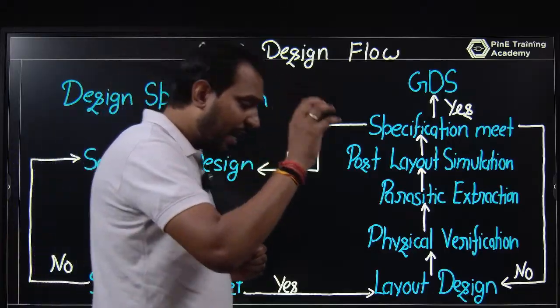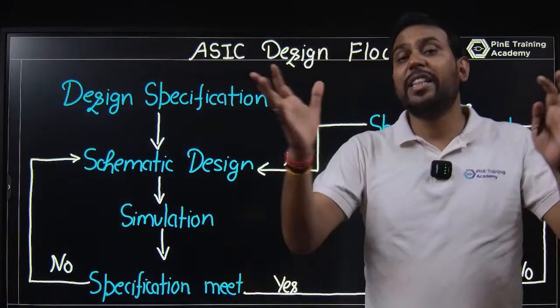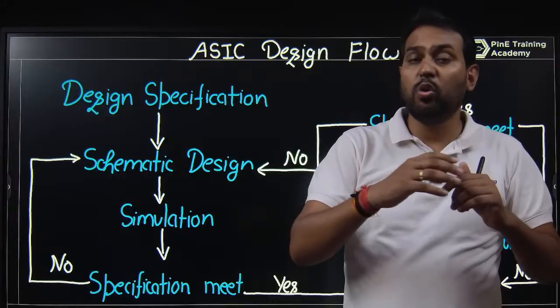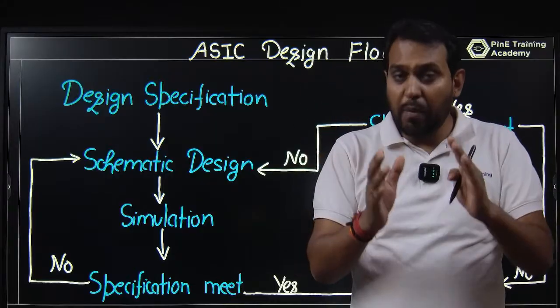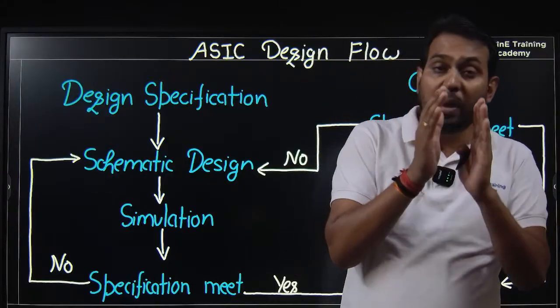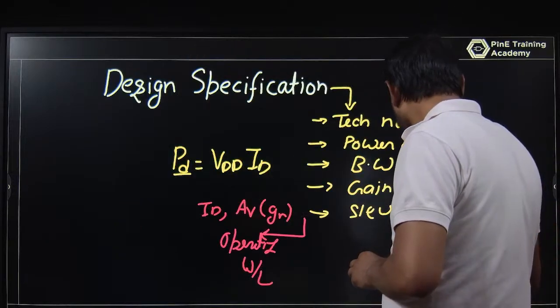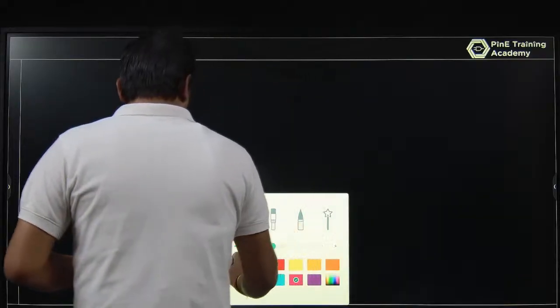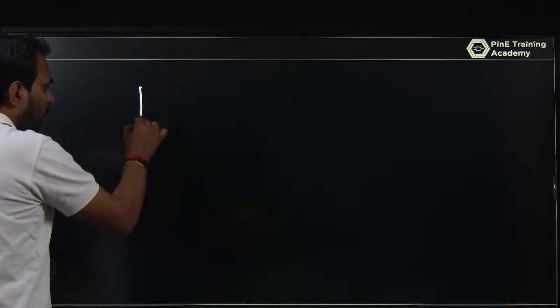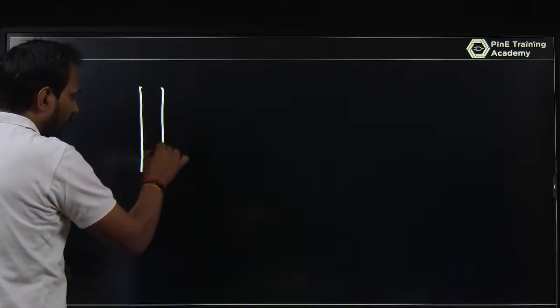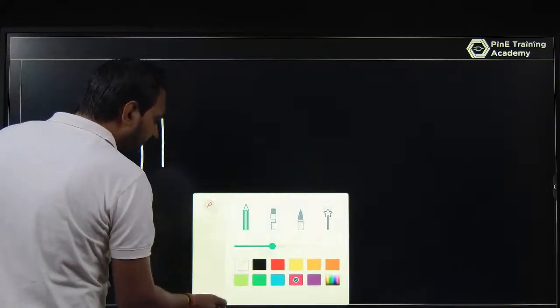Say you are designing a layout, you can't design just anything from the base layer. You will be bound by some minimum values. Just think of it this way: you have one metal route here and one metal route here. Of course they have a minimum spacing.